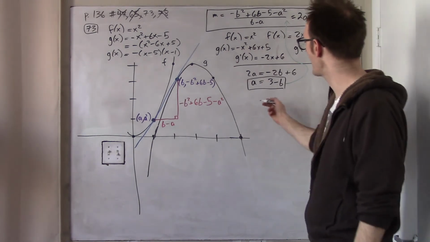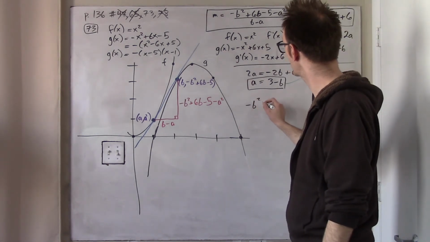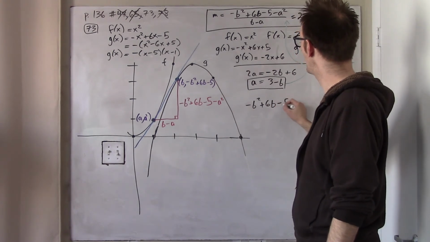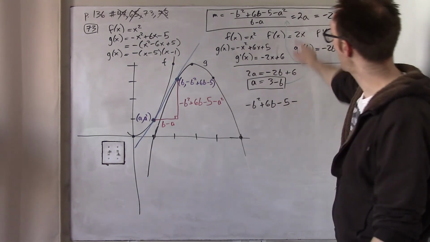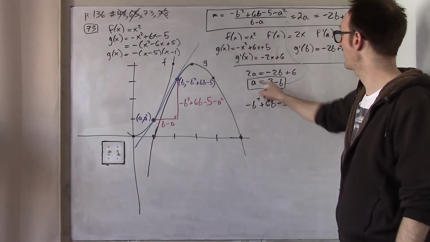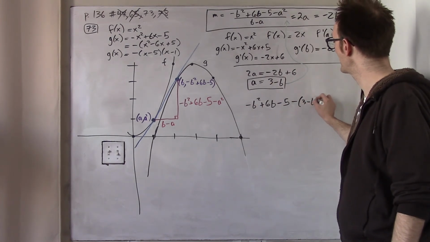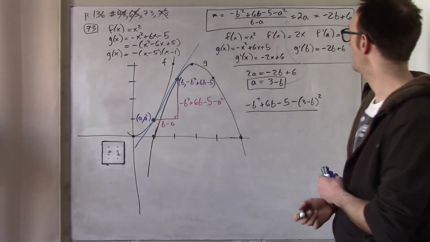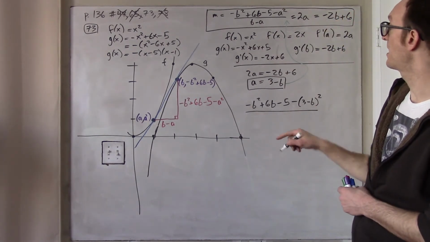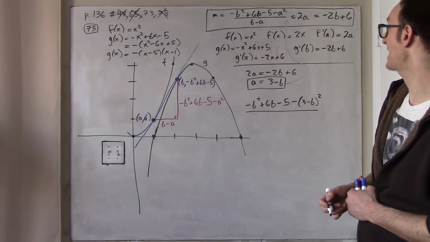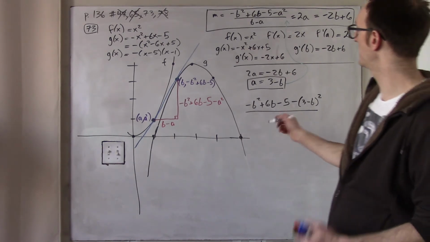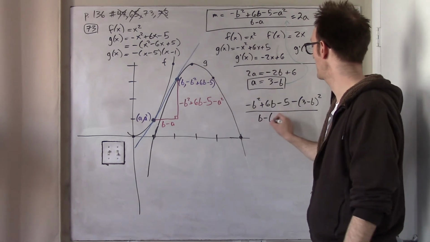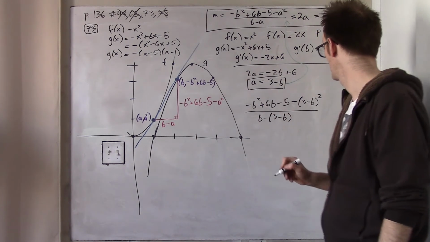So what do I get? I get negative b squared plus 6b minus 5 minus, and now in place of a squared, I write (3 minus b) squared, and all of that over b minus a. Well, b minus a will just be b minus, what's a? It's 3 minus b.